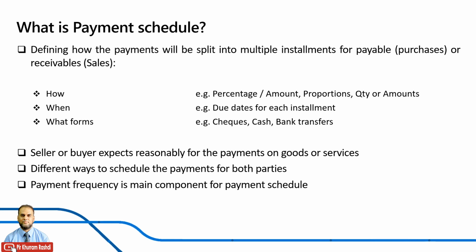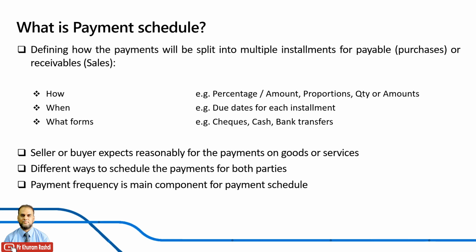Similarly, as a buyer, you can agree with the supplier that you are buying a valuable machine or asset, and you need to pay keeping in mind your cash flow. You will not be able to pay immediately, so you split it into different amounts.